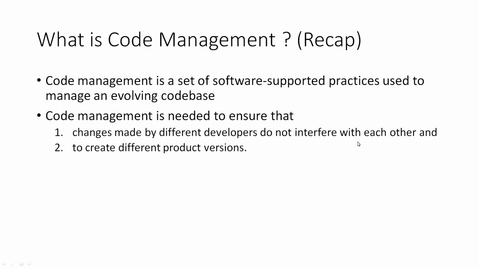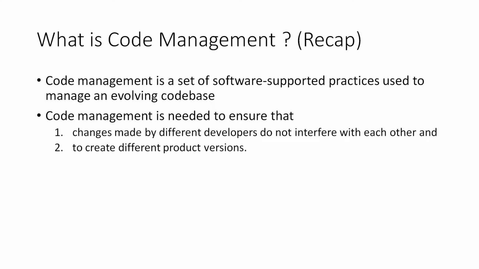I told you just now, if a particular code is accessed or changed by 10 developers, how to manage the pushing or publishing of it? Changes made by different developers should not interfere with each other. That is the process of code management.